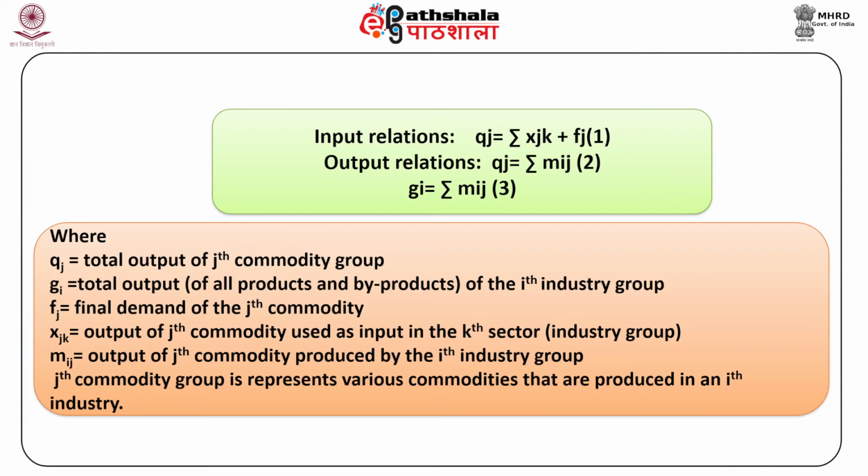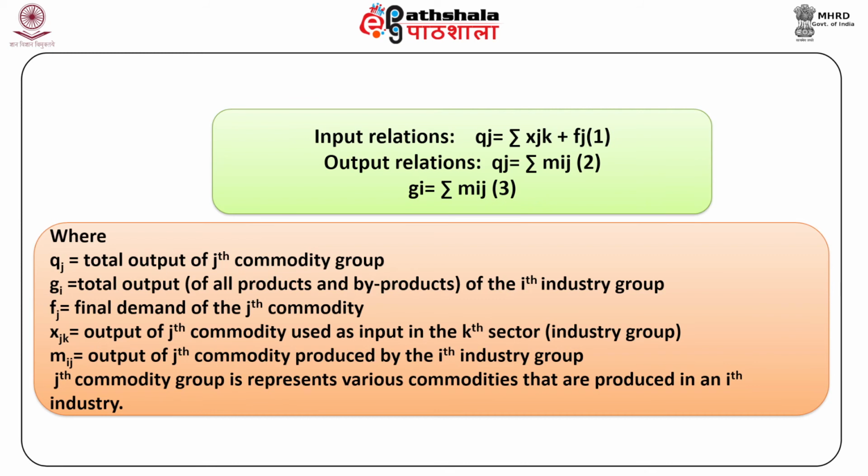The output relations can be represented by Qj is equal to summation mij for all k's and Gi is equal to summation mij for all i's and j's, where Qj is the total output for jth commodity group. Gi is total output of all products and byproducts of the ith industry group. Fj is final demand of the jth commodity.